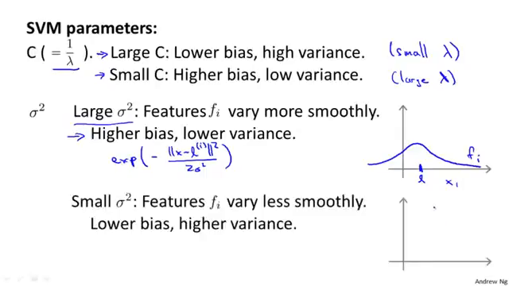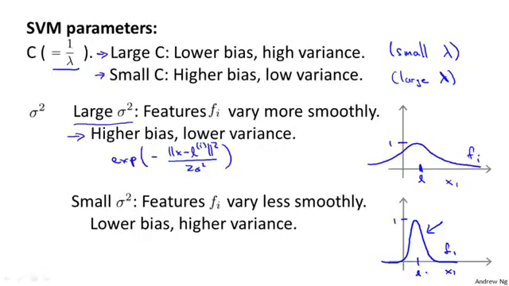Whereas in contrast, if sigma squared was small, then with that landmark and my one feature x1, my Gaussian kernel, my similarity function, will vary more abruptly. In both cases it peaks at 1. And so if sigma squared is small, then my features vary less smoothly. So I have higher slopes, higher derivatives here, and using this, you end up fitting hypotheses of lower bias, and you can have higher variance.